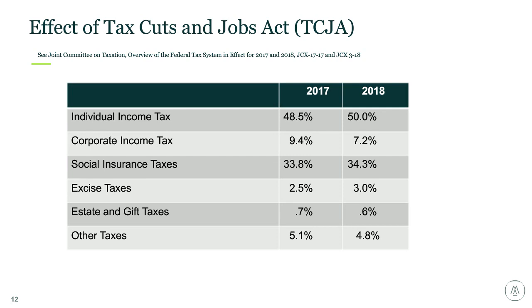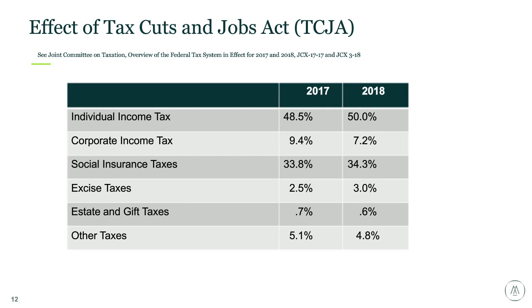Corporate tax has gone down, which doesn't sound surprising because it went to a flat 21% rate. Social insurance taxes went up slightly, which makes sense because the individual tax is up higher as well. Excise taxes up, estate and gift tax down slightly, and then other taxes down slightly.